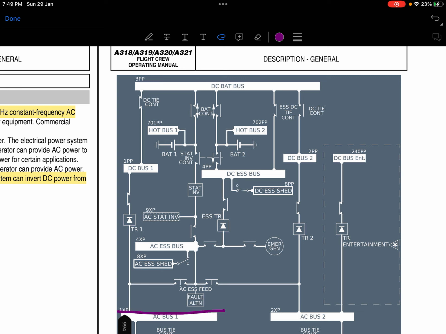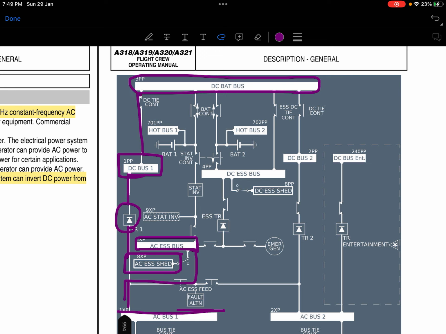So we'll go through it again. The current goes to AC bus 1, then to the AC essential bus and AC essential shed. Then the current goes via TR1 to DC bus 1 and then to the DC bat bus. After the DC bat bus it goes to the DC essential bus and then DC essential shed, in the normal scenario.